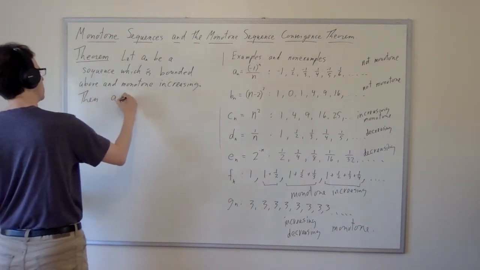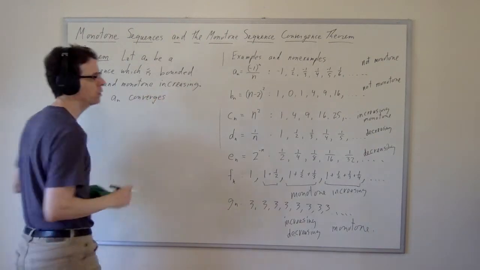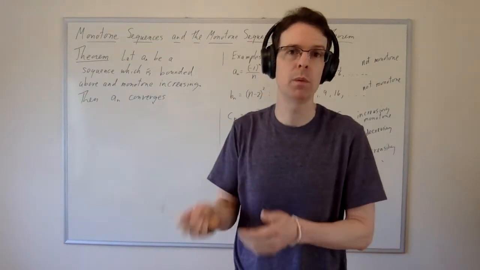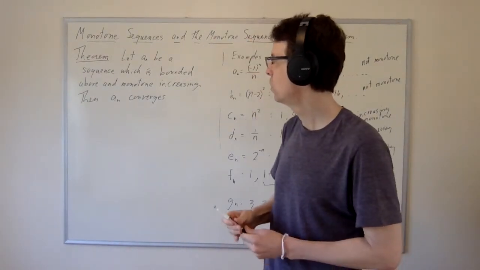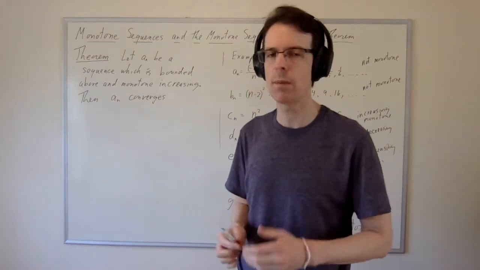Then a_n converges. So if the sequence is monotone increasing, the only bound it actually needs is to be bounded above, and then it will necessarily converge. And if the sequence is monotone decreasing, then it needs to be bounded below.